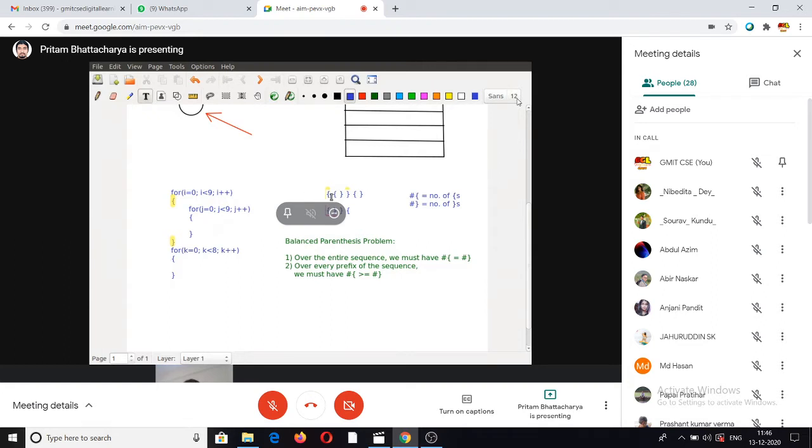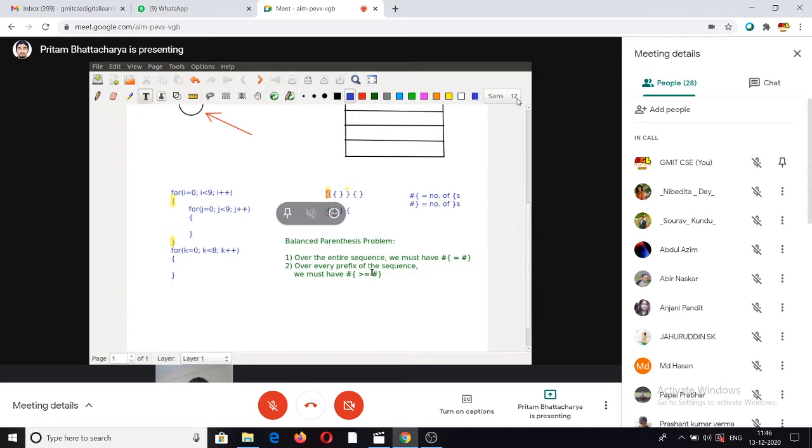If I look at a prefix of length 1, the count of opening braces is 1 and the count of closing braces is 0. I am counting only up to the first position and ignoring the remaining braces. So if I look at the subsequence only up to position 1, the count of opening braces is 1 and closing braces is 0.